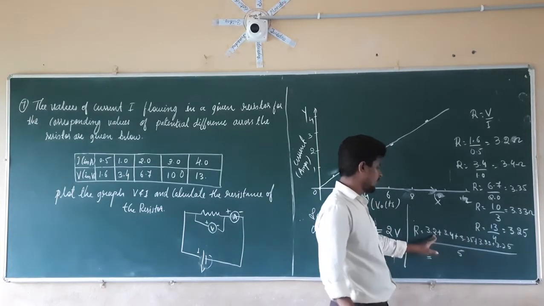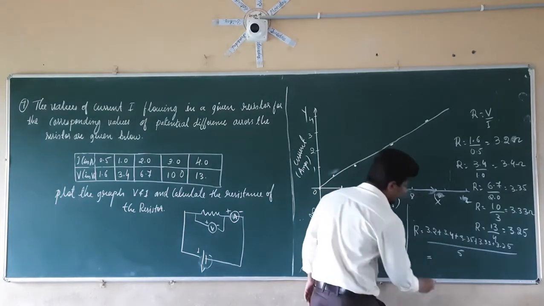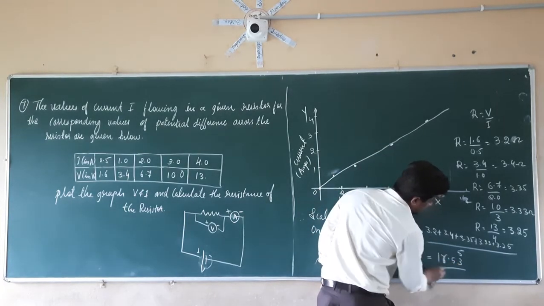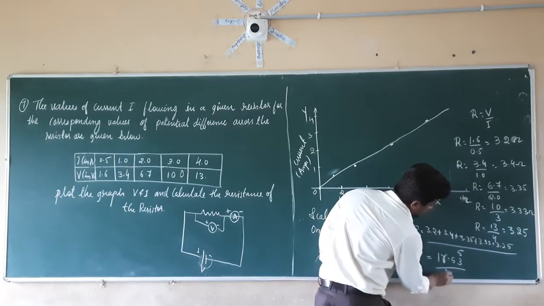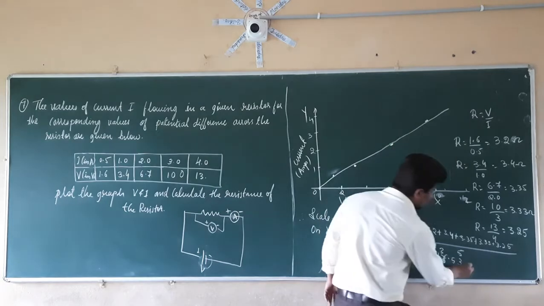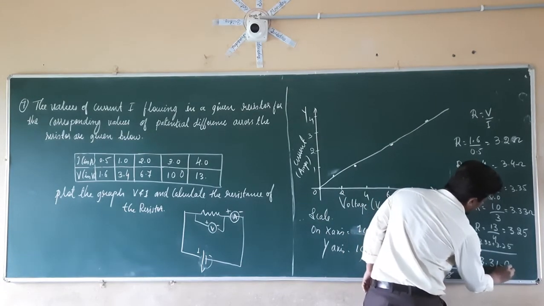It is 16.53. So divided by 5. 5 threes are 15. So it is going to give the value as 3.31 ohms.